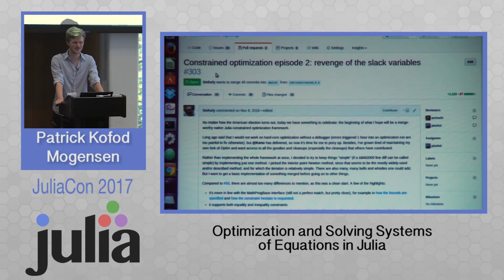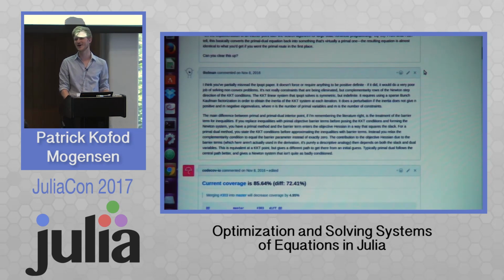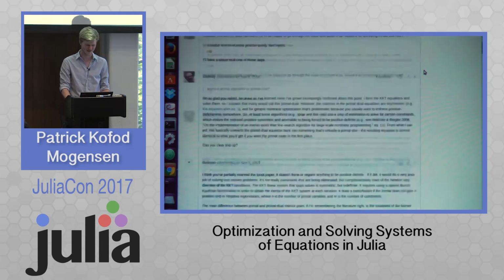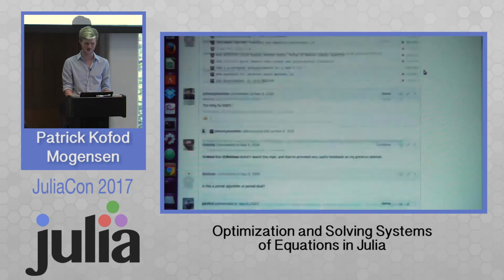So in the end he decided just to write a new primal dual interior point method for solving constrained optimization. So he made that, and people are happy about this. But then time moved on, and now master has moved again, so if someone wants to spend JuliaCon rebasing this, that would be great.